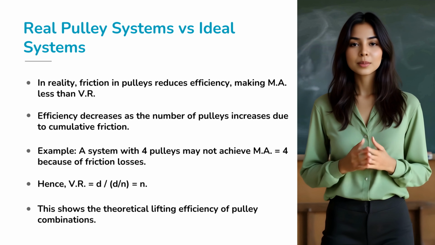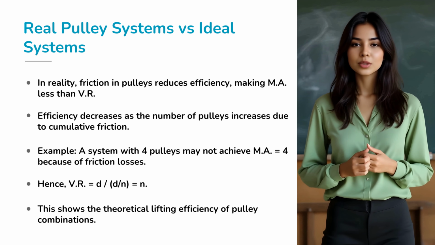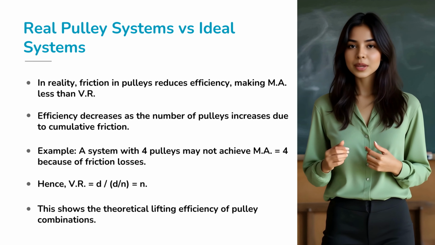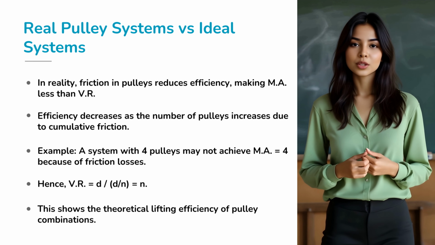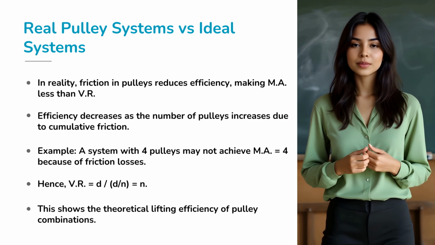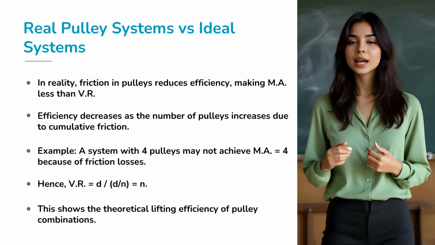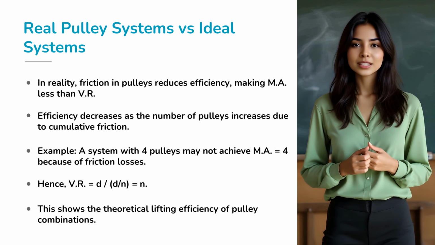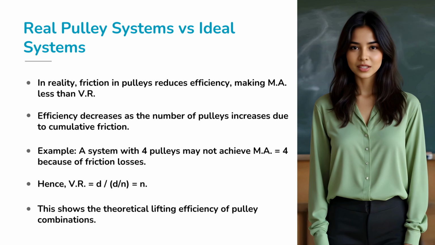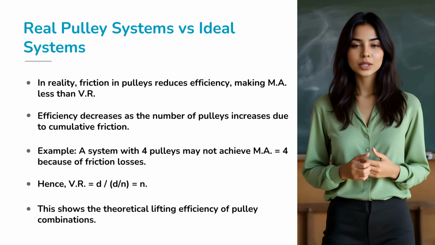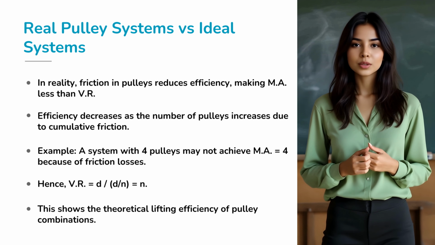Now, let's step into reality. In real pulley systems, friction plays a role. Friction in the pulley axles and stiffness of the rope reduce efficiency. This means that the mechanical advantage is actually less than the velocity ratio. Also, as we increase the number of pulleys, friction accumulates, so efficiency goes down.